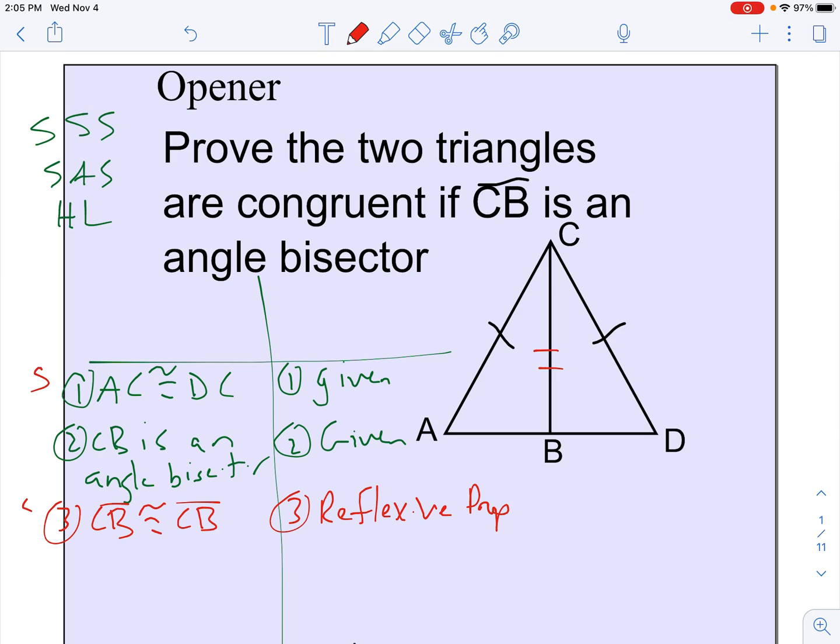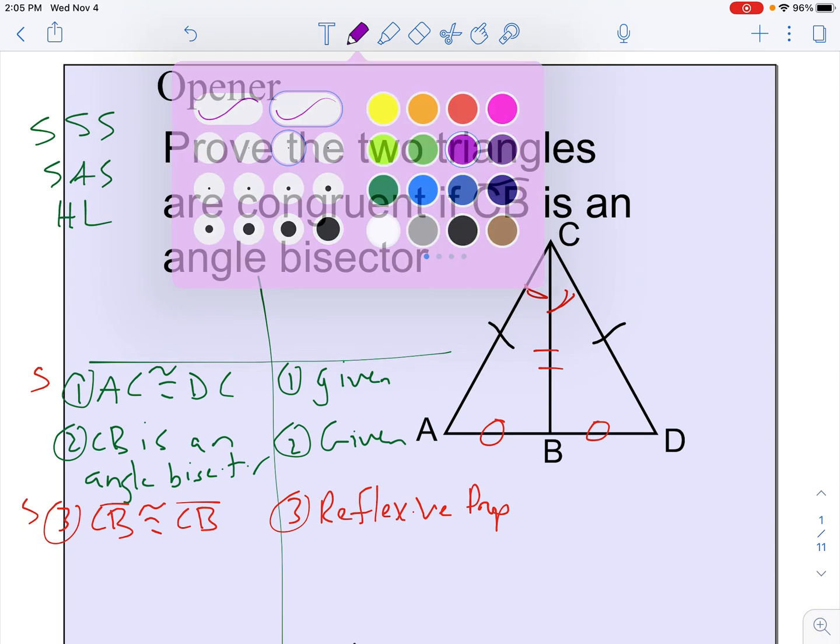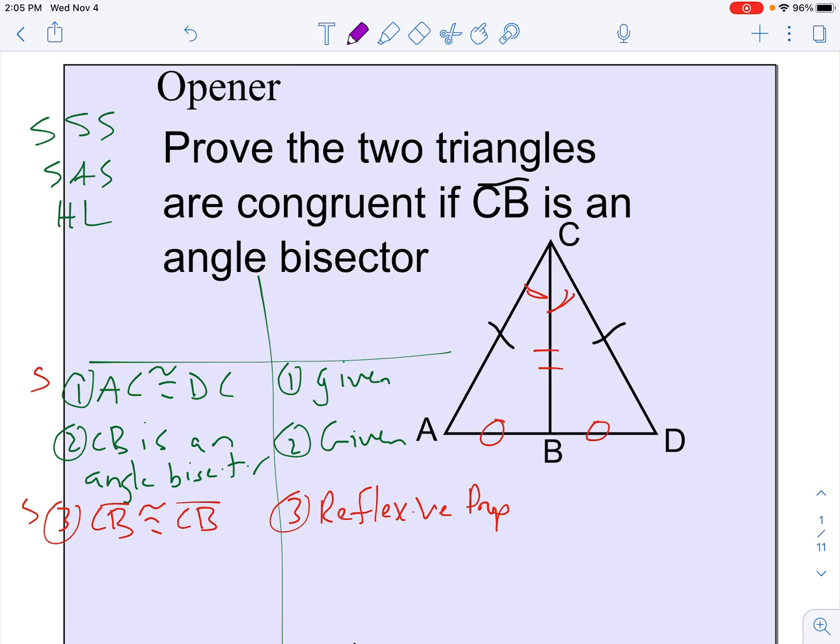So now I got two sets of sides. So now we either need the third set of sides, being AB is congruent to BD for some reason, or I need the angle in between those sides, being angle ACB and angle DCB. So if I look at the other piece of information, this is where we got to be careful. They say that CB is an angle bisector. So it's not a segment bisector. It's not bisecting our segment here. Instead, it is now bisecting the angle, cutting this angle up here in half.